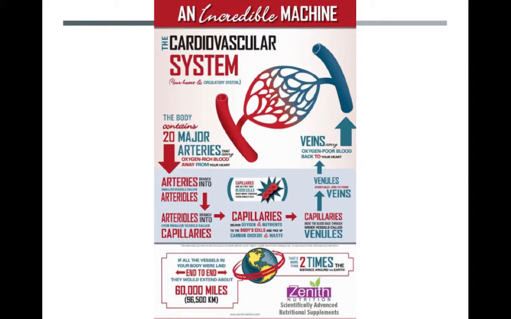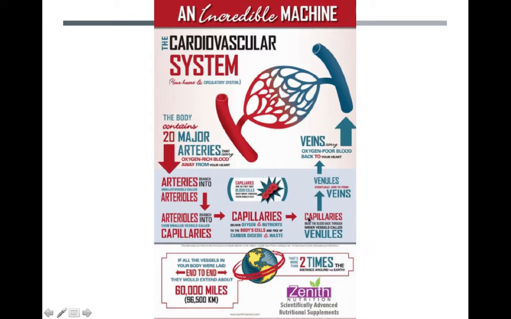They carry blood away from the heart, and it's normally oxygen rich, all except for the pulmonary artery. Arteries branch into smaller arteries, essentially called arterioles. Arterioles then branch into even tinier vessels called capillaries. Capillaries deliver oxygen and nutrients to cells and pick up waste.